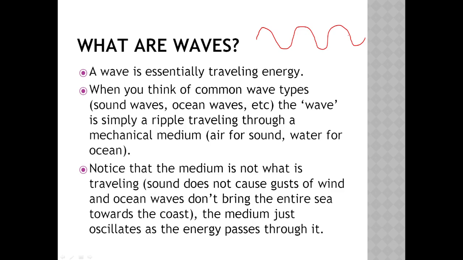And for all types of waves, an important thing to note is that only the energy itself is actually traveling. If you examine ocean waves very closely, the energy for the ocean wave starts way out at sea.